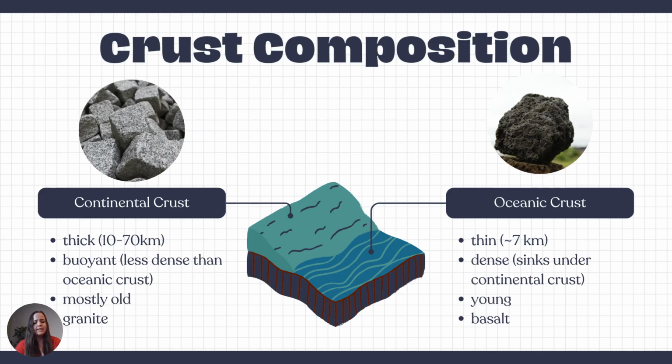It is very dense, and so it'll sink under continental crust when these two crusts are colliding against each other. We'll talk about that in future lectures. But for now, remember that continental crust is much less dense than oceanic crust, and that oceanic crust is very young in comparison to continental crust.